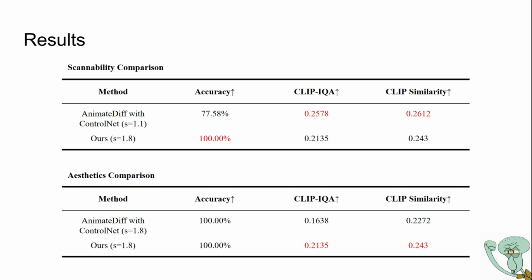In the first table, we can see that under close CLIP scores, the scanning accuracy of our method achieved 100%, while our baseline gets only 78%, which indicates our method is more reliable than the baseline under similar appearance. For the second table, it shows that under the same scannability, our method has a better appearance and can align text prompts and frames better.